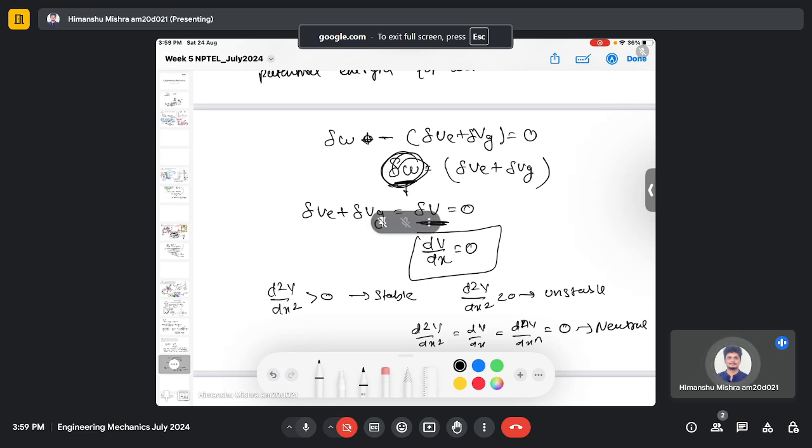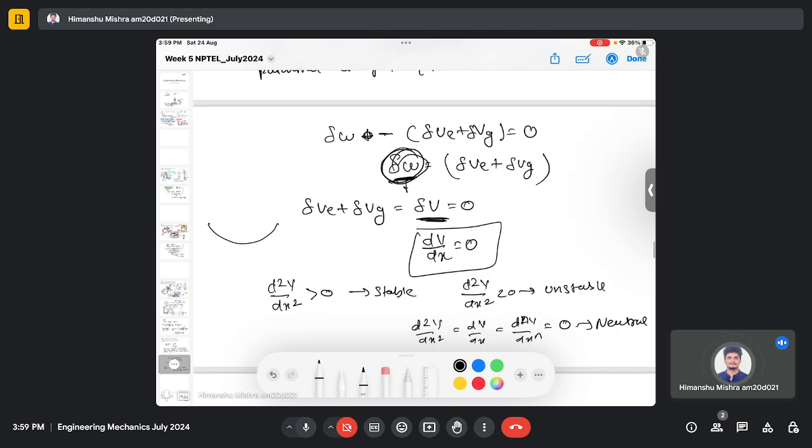In various books you might have seen this explained in a very nice manner: you have a curved surface and there's a ball. Stability means that if you provide some perturbation to this ball, the ball will move, but when the perturbation is removed, the ball will come back to its original place because the system is in equilibrium. Similarly, if you have a surface like this and you give some perturbation in any direction, the ball will completely displace from its original position and will not come back, and this system is unstable.